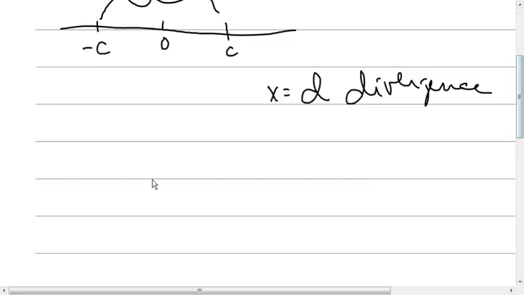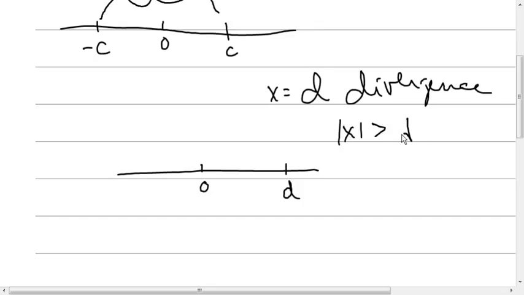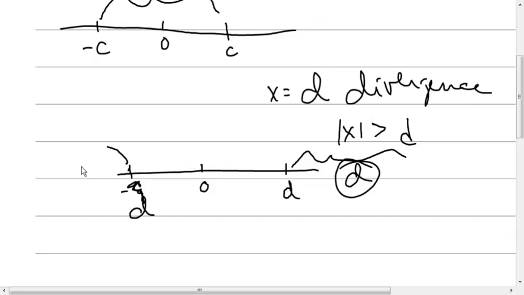Here we're going to assume we're centered at 0. At d, we know that we get divergence anytime that the absolute value of x is greater than d. So that means over here, this is all divergence, and over here, minus d, we also get divergence as well.